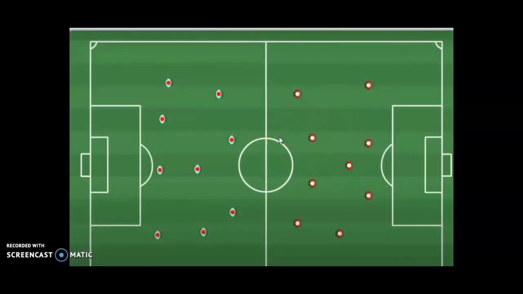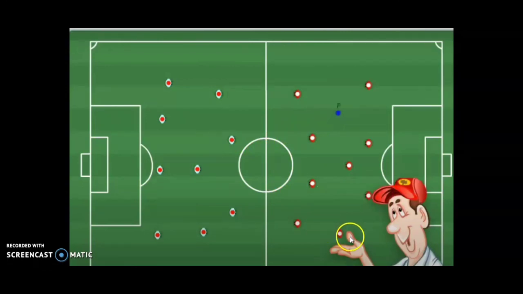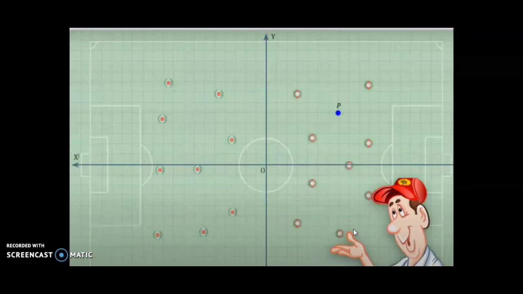So let's consider a playground. When a coach decides the position of a player, for example the player P, he considers a coordinate system. From the starting point of the ground, the center point, he sees how the player travels horizontally and vertically. There we begin the game.